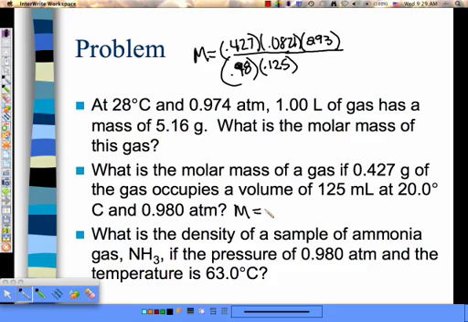So big M equals 0.427 times 0.0821 times 293, divided by 0.98, divided by 0.125. That's 83.8. And again, we're in grams per mole, right?